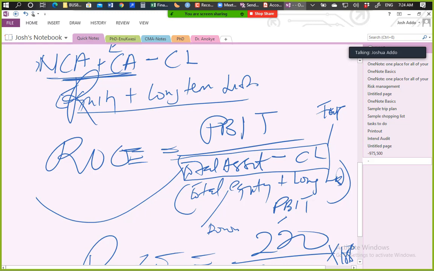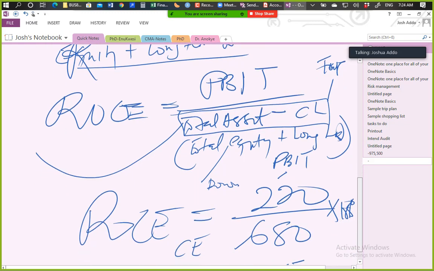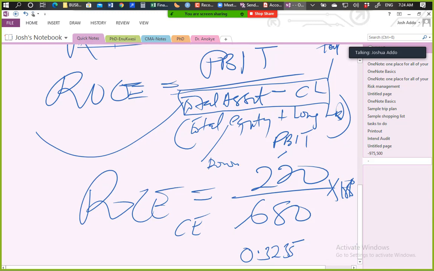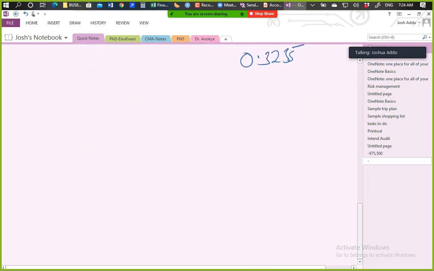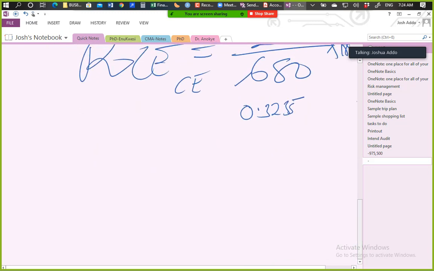Are you all right? So that's the formula. When we convert this to percent, you will get 32.35%. So that is the ROCE for the company.